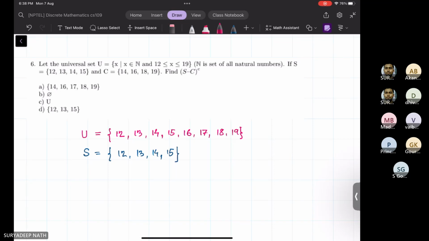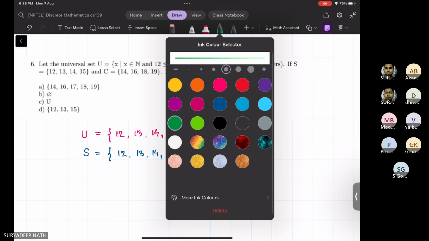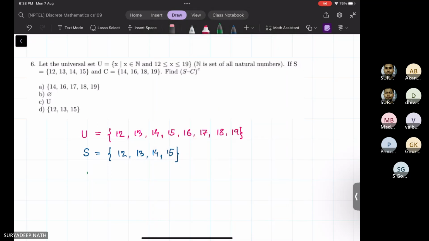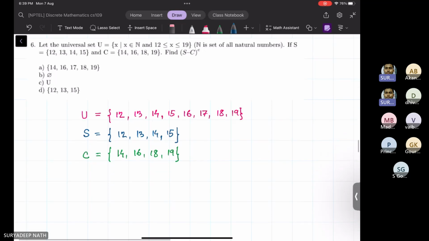S is 12, 13, 14, 15. And C is 14, 16, 18, 19. So it's a pretty straightforward question.